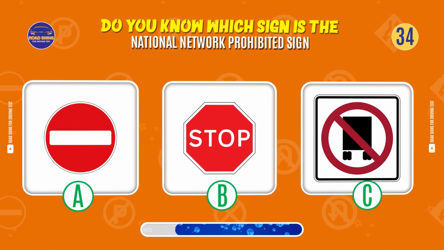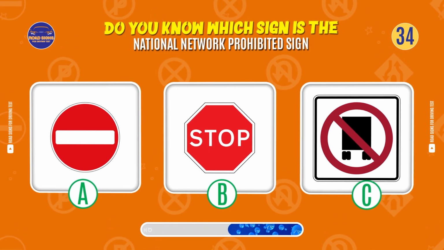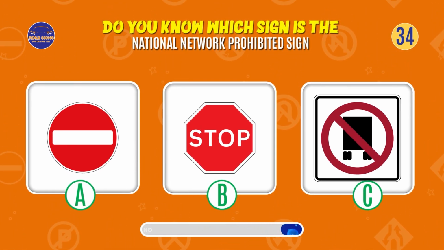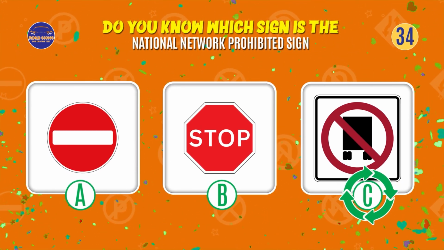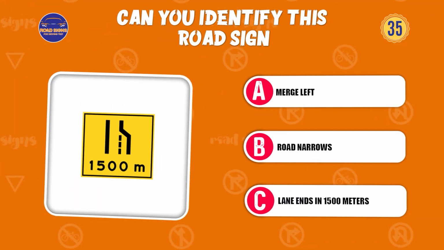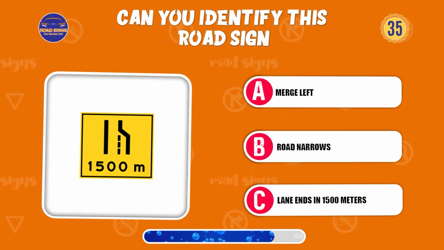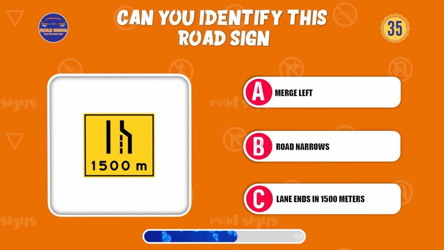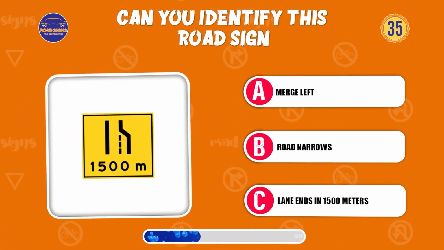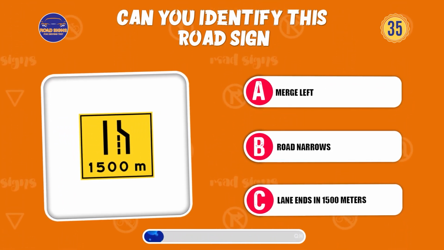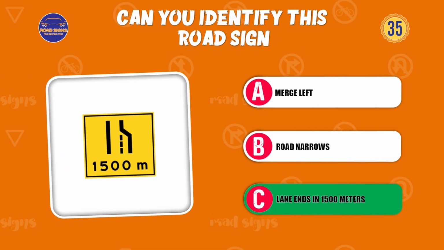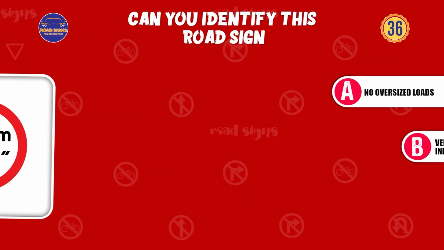Do you know which sign is the National Network Prohibited sign? What traffic pattern change does this sign warn about? C. Lane ends in 1,500 meters.